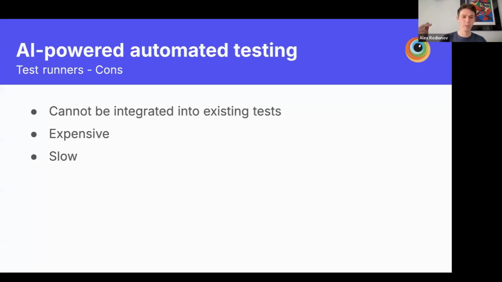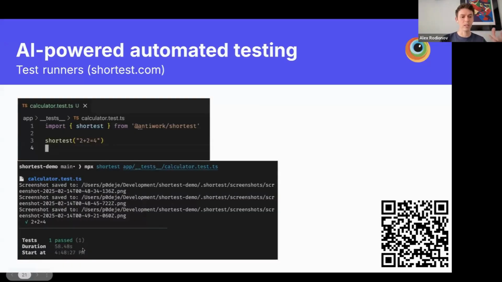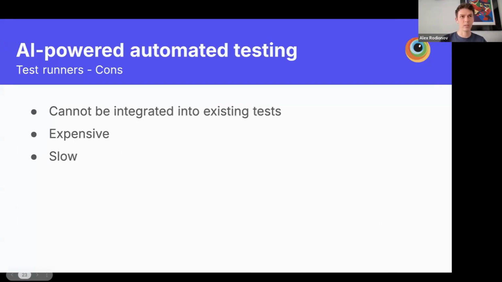Then the LLM has to process the whole screenshot and respond that you have to, let's say, move the mouse to a certain coordinate. And then you have to take screenshots again, and it goes over and over. You've seen here that running this test takes 1 minute. And in terms of cost, running this test would cost around 15 cents.